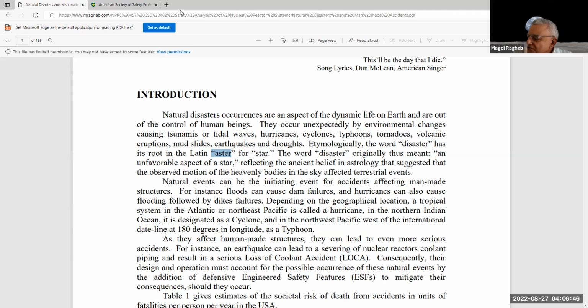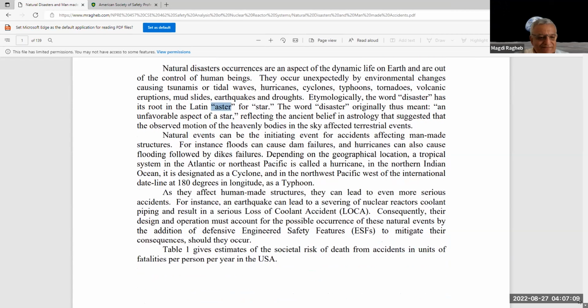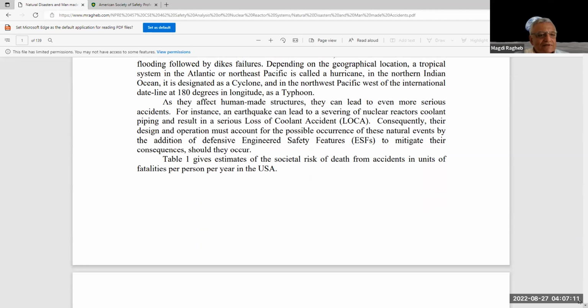In the United States, when they happen, they cause dike failures and flooding, and people can lose their lives. And of course, property damage is also huge. Depending on the geographical location, a tropical system can be called a hurricane, cyclone, or typhoon. I'm giving you the answer to a question that I have you explore yourselves.